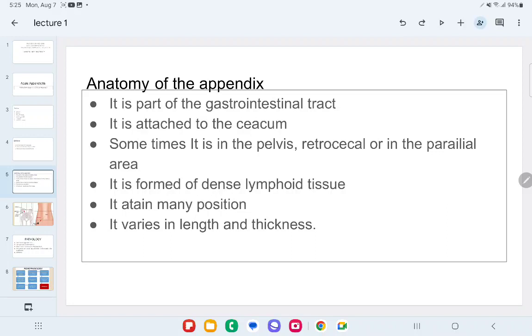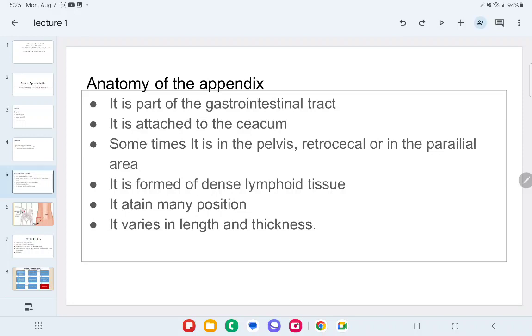Due to its various positions, it can present differently. It is formed of dense lymphoid tissue. The same gastrointestinal anatomical structures are present there: the serosa, the muscular layer, the muscularis mucosa. But the difference is that it has dense lymphoid tissue.